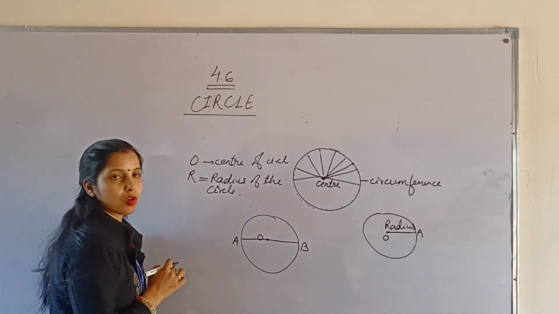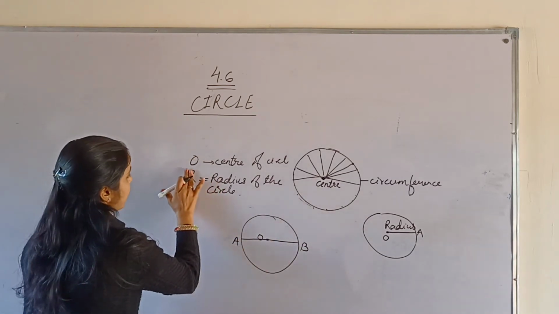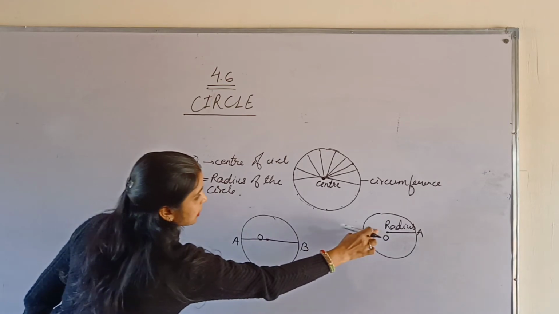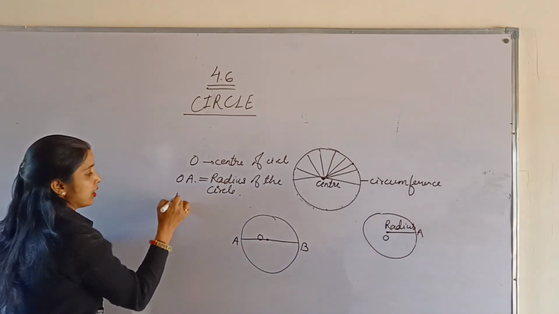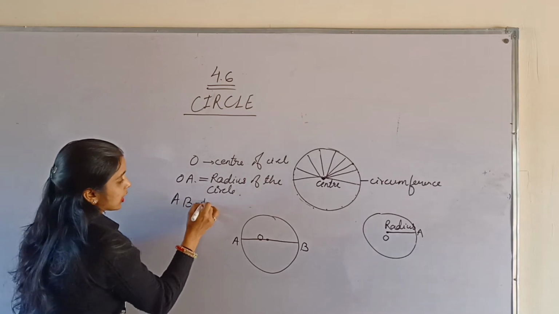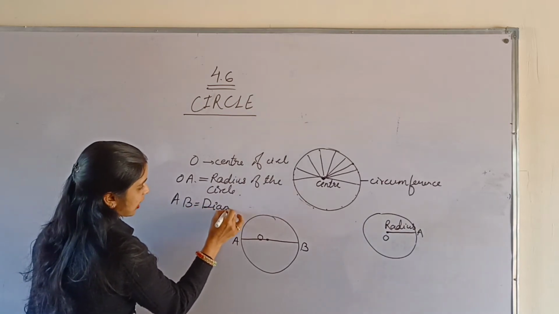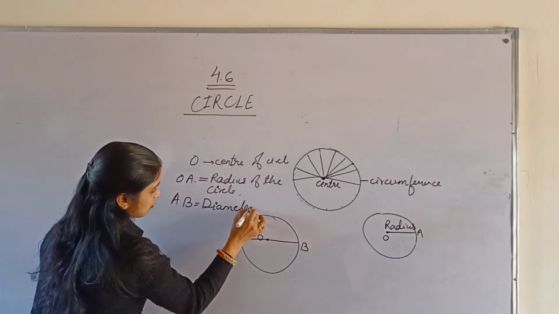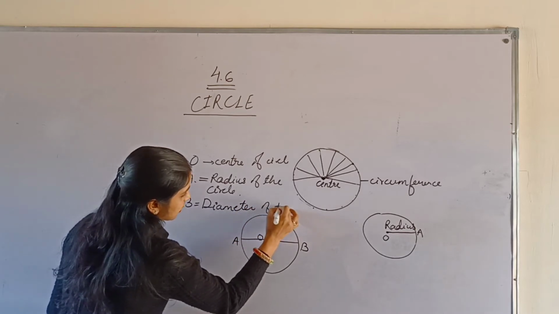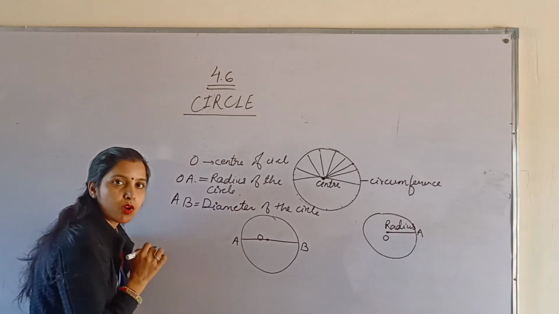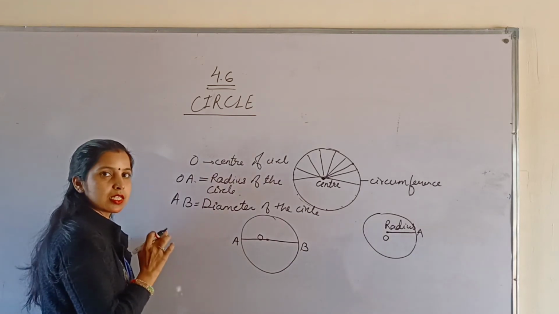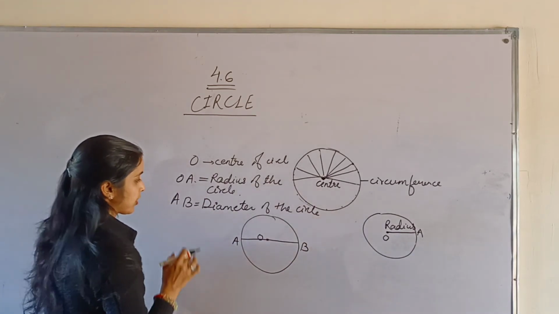This AB is called the diameter. Instead of R, we write OA. OA is what? The radius of the circle, and AB is what? The diameter of the circle.